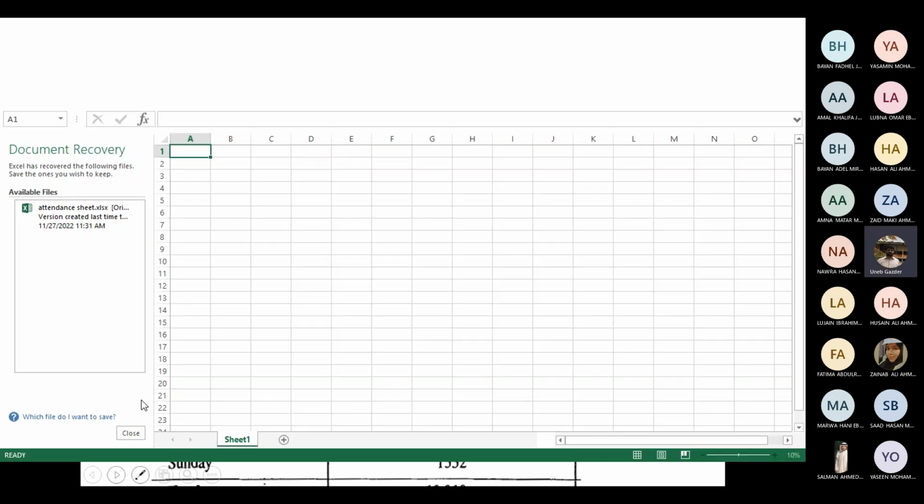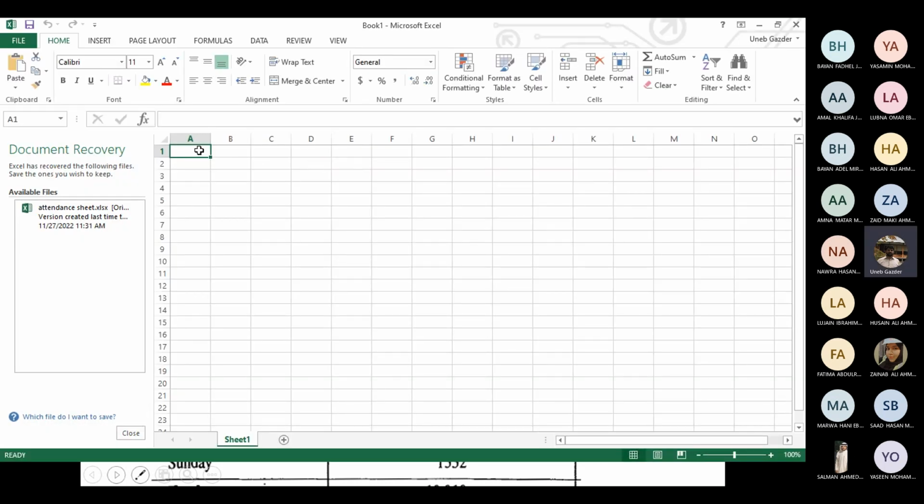Now let me do one thing here. I will write the day and the average traffic, so that we can do the calculations.